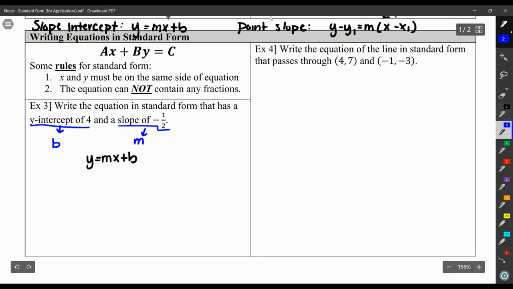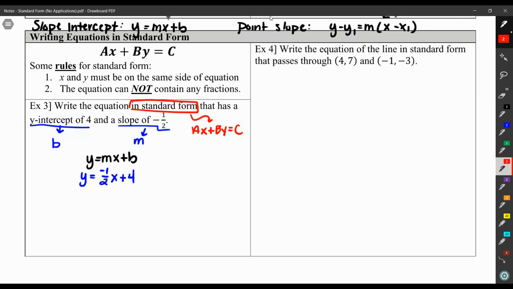So we're going to plug in the numbers that we have. So y equals slope, which is -1/2 x, plus the y-intercept of 4. Now, if I had asked you to write this in slope-intercept form, you would be done. But since the question wants it in standard form, we need to manipulate this and change it into Ax plus By equals C. The first thing I need to do is get the x and the y on the same side.